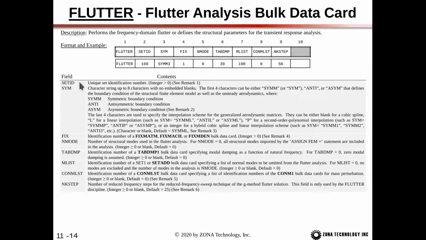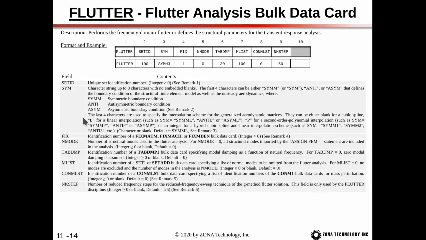So here's the Flutter card. We have an ID number, which is referred to by the case control command. Then we have the sim field. So this is a character field. The first 4 characters must be either sim, anti, or asim. That defines the boundary condition of the structural finite element model, as well as the unsteady aerodynamics. So for a half span model, this must be either sim or anti, and for a full span model, it must be asim.